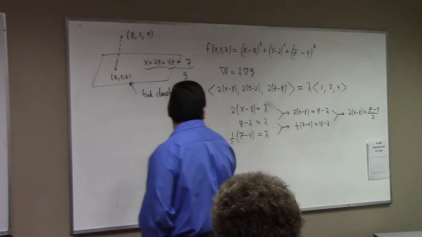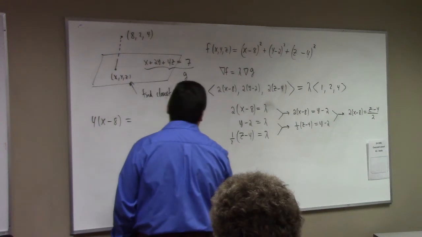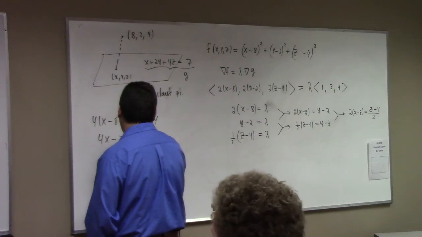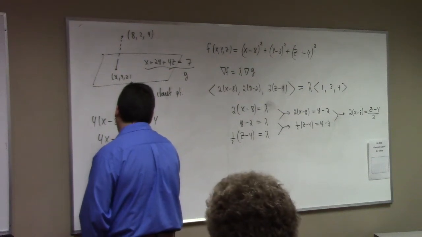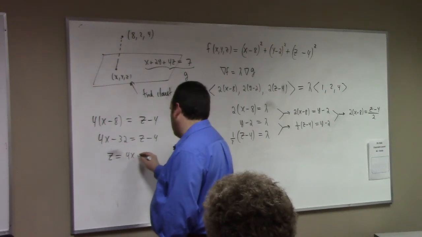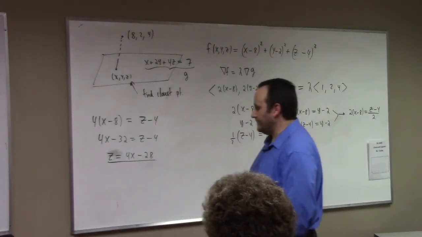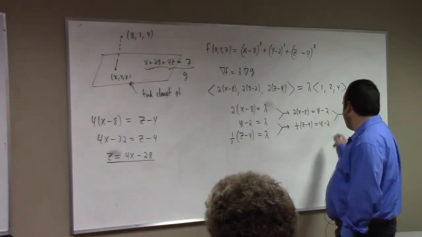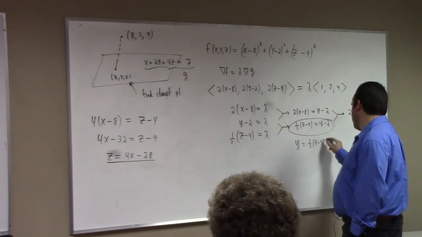So I've got 4 times x minus 8 equal to z minus 4, which gives me 4x minus 32 is equal to z minus 4. Let me solve for z. Z is equal to 4x minus 28. Then what's my y? This tells me that y is equal to 1/2 of z minus 4, plus 2.